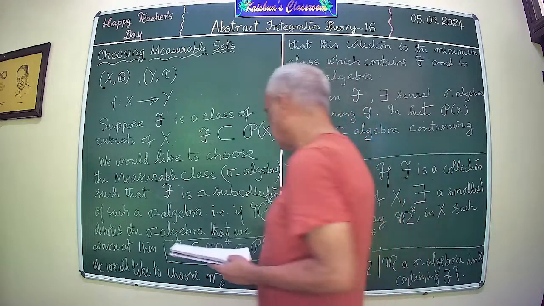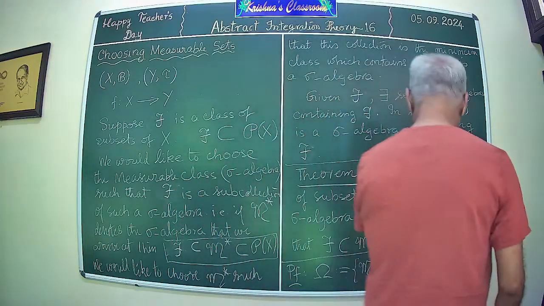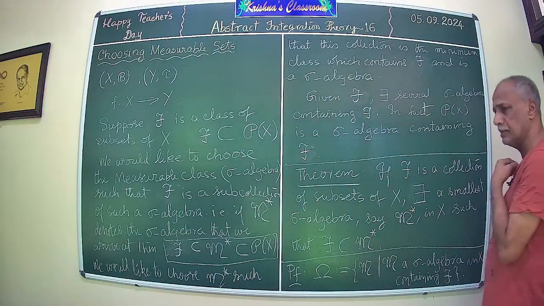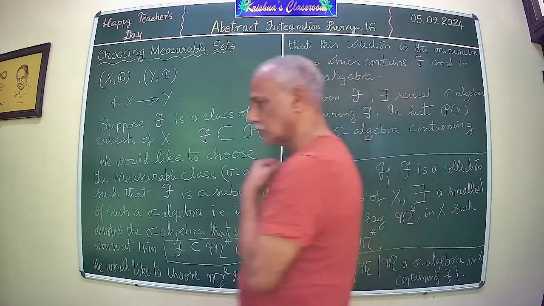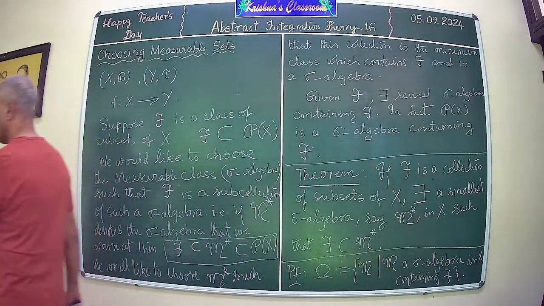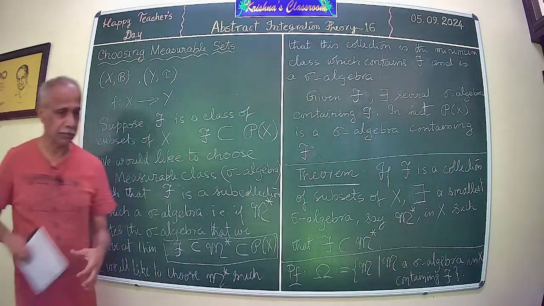So let omega denote the set of all sigma algebras on X which will contain the given subcollection.